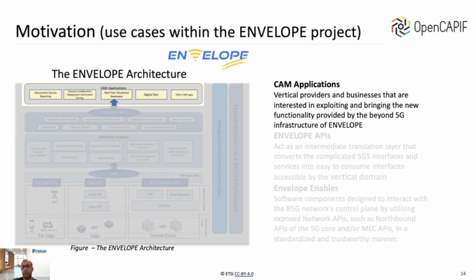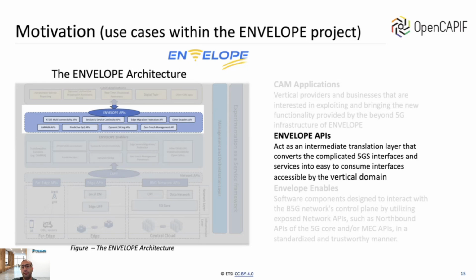CAM applications are applications concerning mobility aspects, like cars, and they work as applications that want to boost their functionality by using 5G and beyond 5G infrastructure.